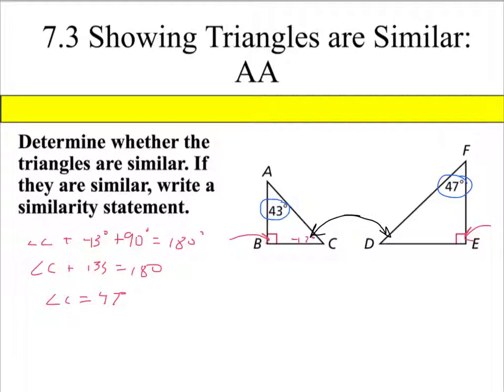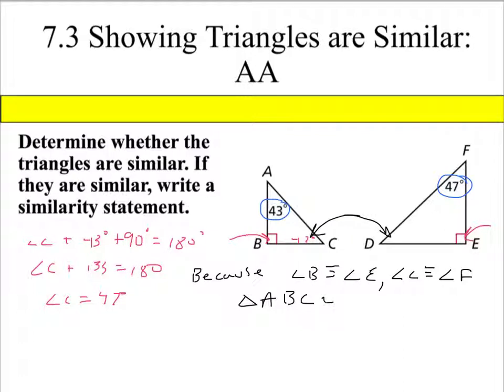Do we have to figure out what angle D is? No, we don't. And the reason behind that is because of our angle postulate. So, because angle B is congruent to angle E, and angle C is congruent to angle F, the similarity statement is going to be triangle ABC is similar to triangle DEF.